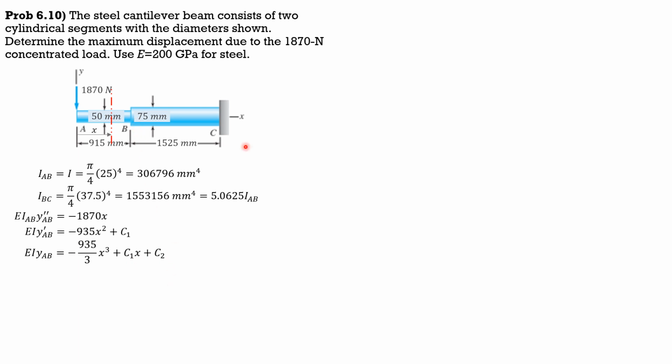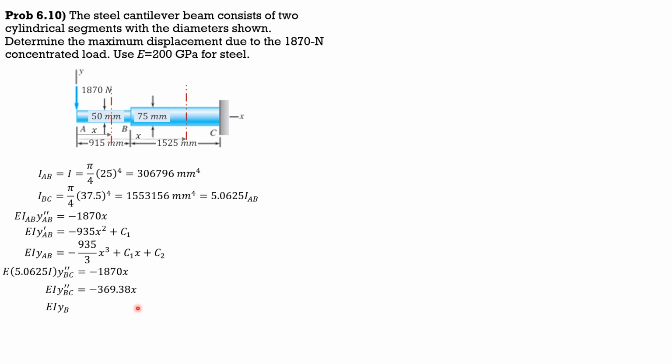Then for BC, so that's the section. So E times 5.0625 I times y double prime BC is negative 1870x. Dividing everything by 5.0625, EI y double prime BC is equal to negative 369.38x.